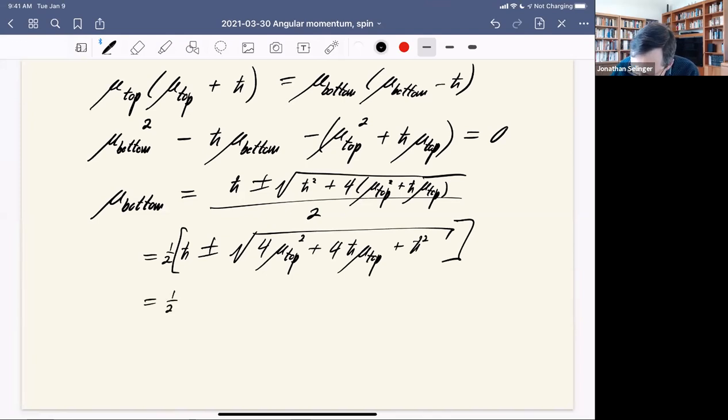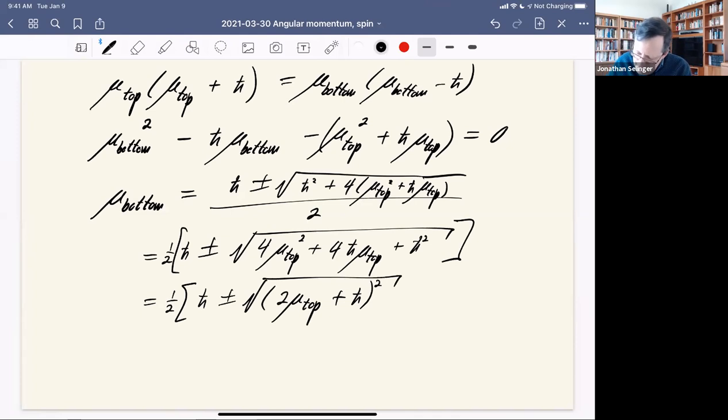If I haven't made a mistake, it's simplifiable. This thing inside the square root should be 2 mu top plus h bar squared. Is that right? Yes, it's right.